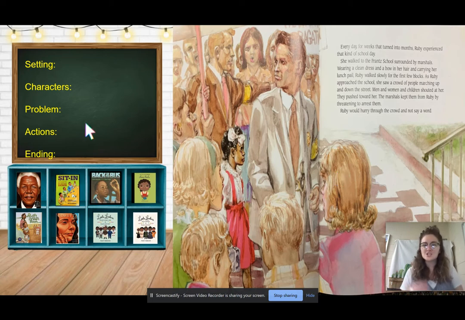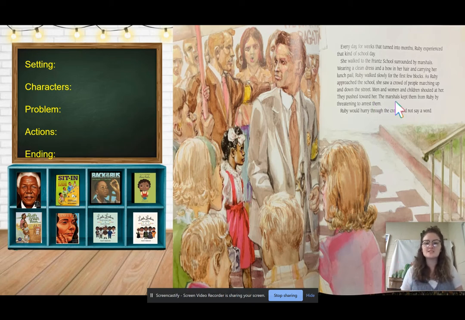What are the actions of the characters? What does Ruby do? Look at the last sentence. It says, Ruby would hurry through the crowd and not say a word. So the action of our main character is that she would hurry through this crowd of angry people and not say a word.